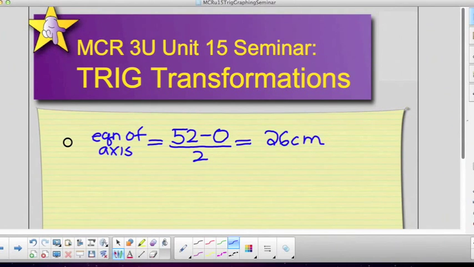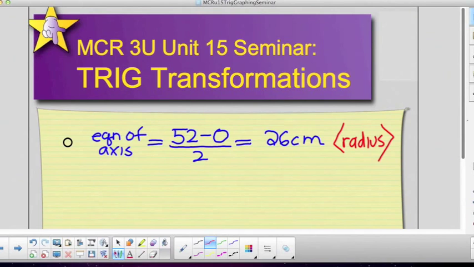The equation of the axis also represents the radius. This is very, very important, and you guys can take notes. Most of the word problems you're going to encounter have to do with wheels and circular objects like this tire, so radius comes into play a lot.